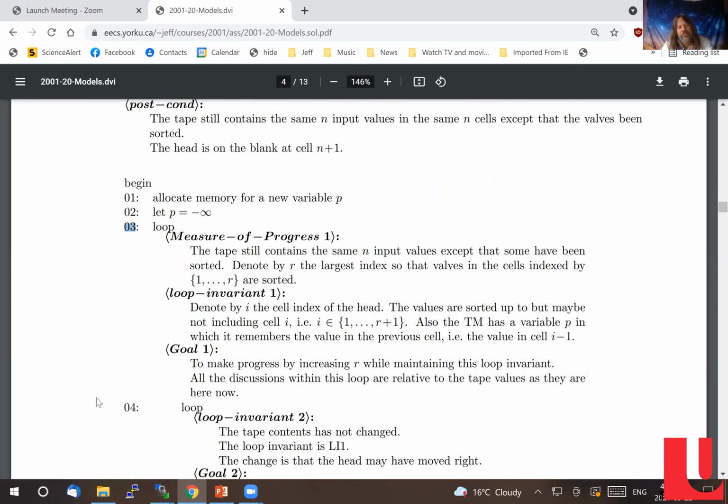It goes around line 4 a few times until it's finished the inner loop. And then it comes back up to line 3. Then it's at line 4 and it goes around line 4 a while until it comes back up to line 3. And one thing I noted is that going from line 3 to line 4, the head doesn't move.